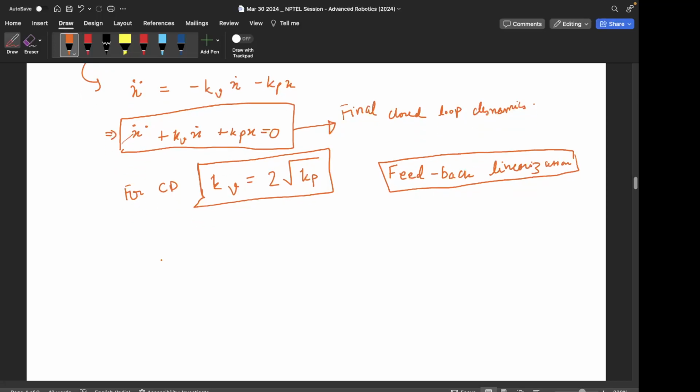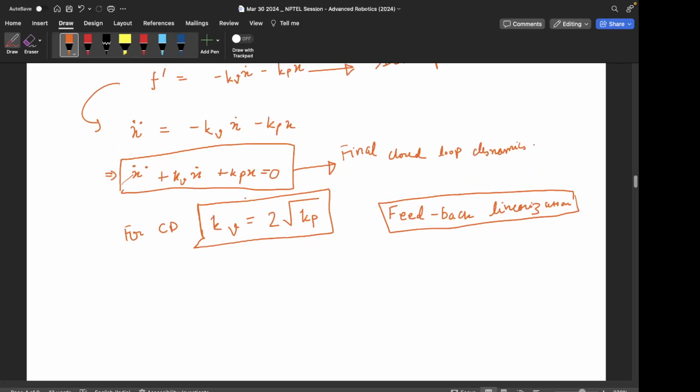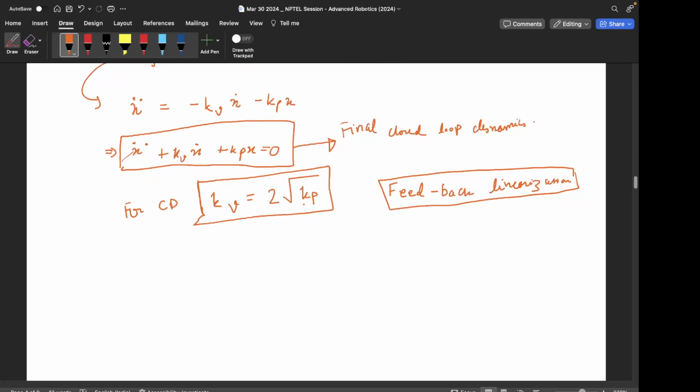So this is the closed loop dynamics in the control law partitioning approach, and we can choose KV and KP. Ideally both of them are unknown, but we choose one of them, such as KP. KP is chosen by knowing what range of angular frequency we would need to work with.